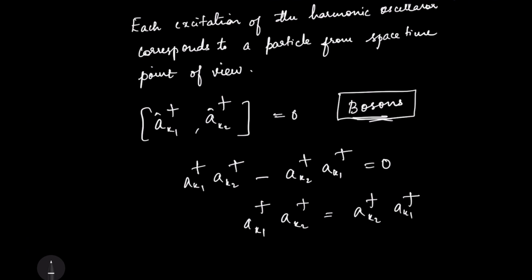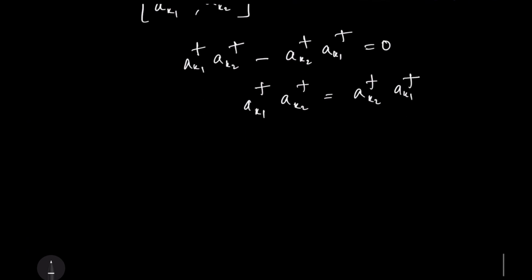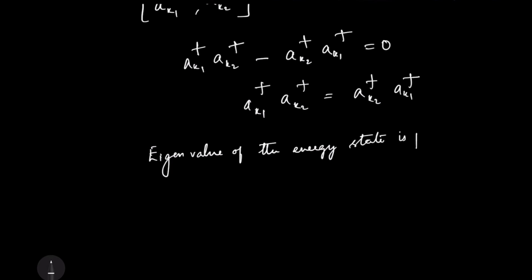Even though you have E squared equal to P squared plus m squared, for a physical state the eigenvalue of the energy is positive, so there is no negative energy problem appearing here.